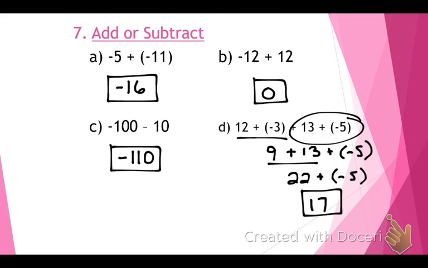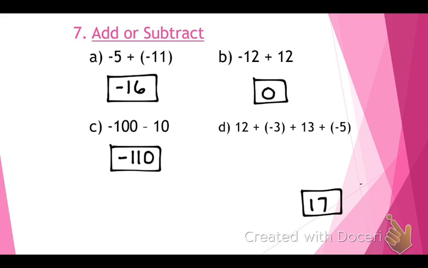Did anyone do the problem differently? All right, Kyla, how'd you do it? I added negative 3 plus negative 5. Okay, so here's what she did. I'm going to erase it and redo it. Isabel, you did it from left to right, which is perfect. Kyla is finding like terms. This is a negative, this is a negative. What is negative 3 plus negative 5? Negative 8.